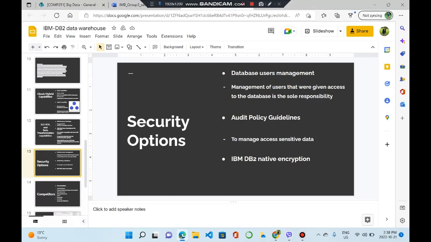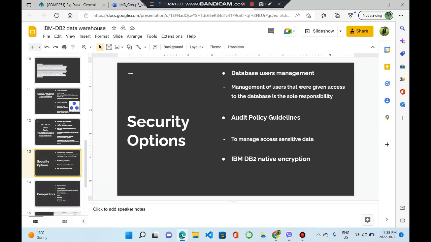Database users are managed as users that were given access to the database, and that is the sole responsibility of the user or a user with administrator role, along with audit policy guidelines. To manage access to your sensitive data, you can use a variety of authentication and access control mechanisms to establish rules and controls for acceptable data access.